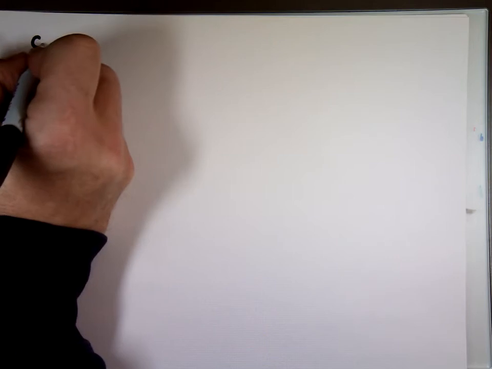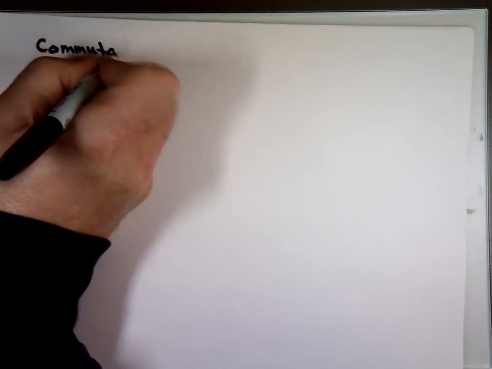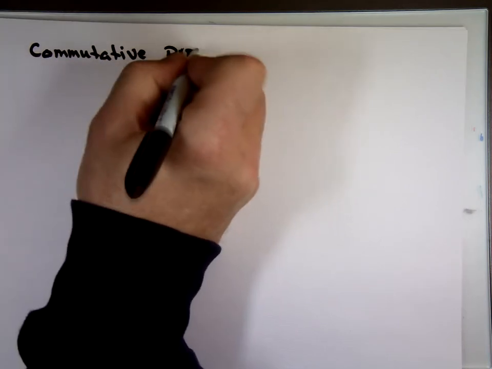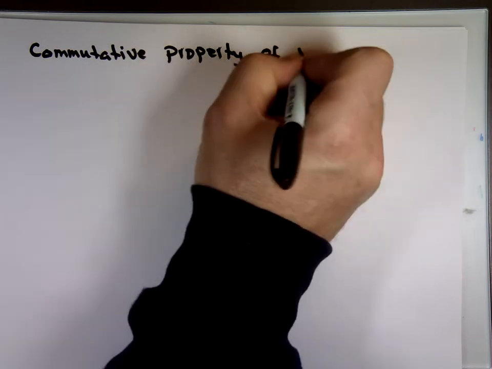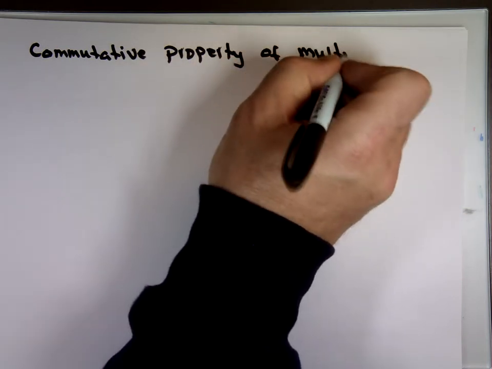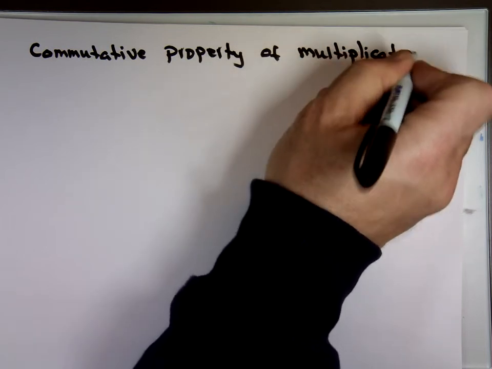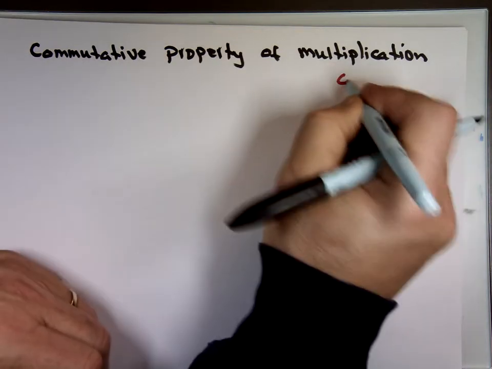It's actually the commutative property of multiplication. And you'll see where we use that shortly. I call that CPM, commutative property of multiplication, CPM.